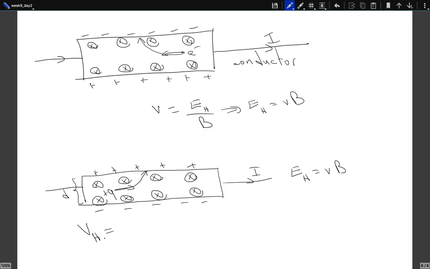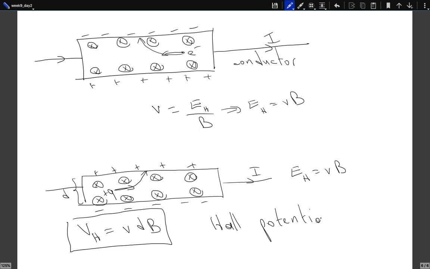So the Hall potential difference is just V d times B. This is called the Hall potential. Also keep in mind, this Hall potential is not along the current. You see, the current is flowing in this direction. The Hall potential is the potential difference between these two points, separated by a perpendicular distance to the current. That is what we call the Hall potential.